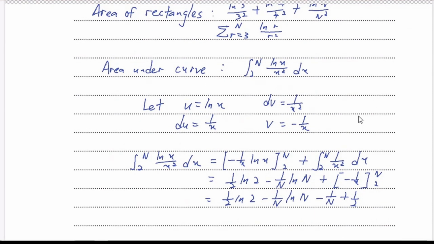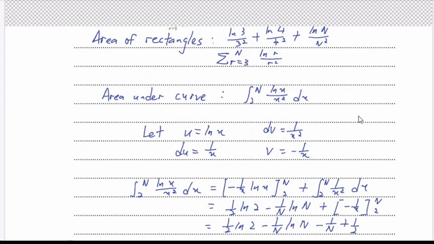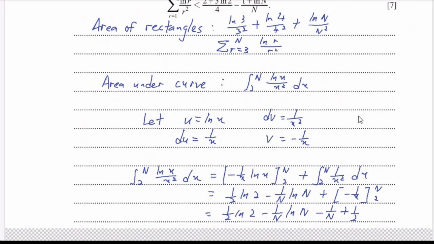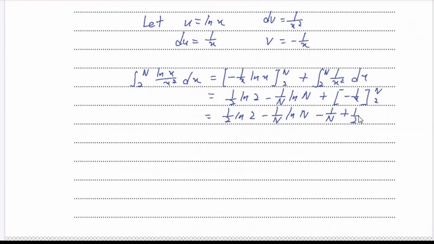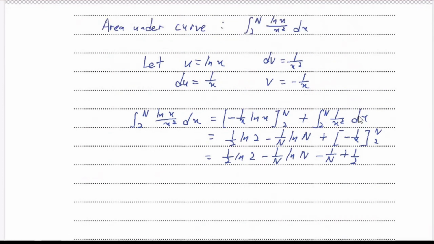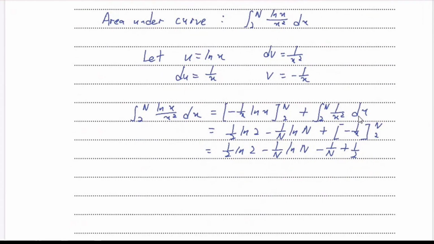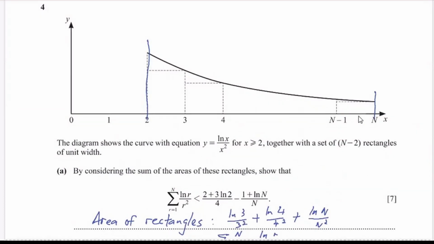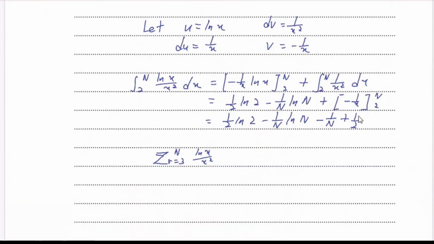After that, we have something else that we need to do, which is to start comparing the series, which is the rectangles, with what we have here. In this case, the rectangles are less than the area under the curve that we have just found.